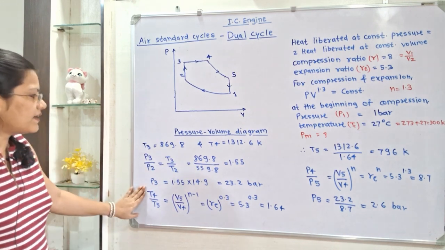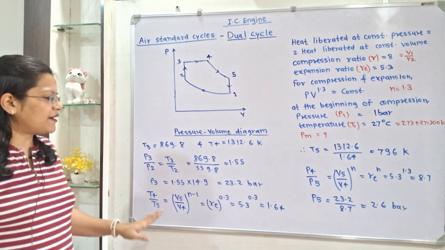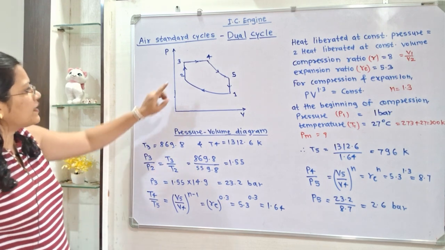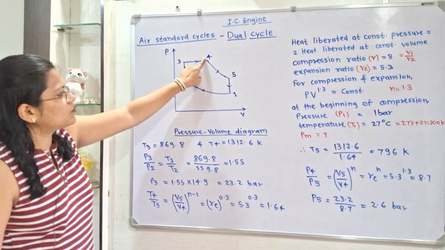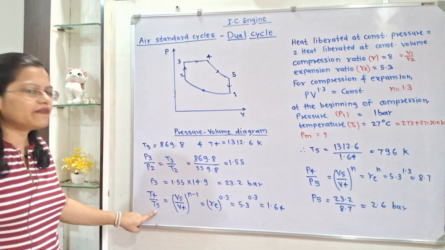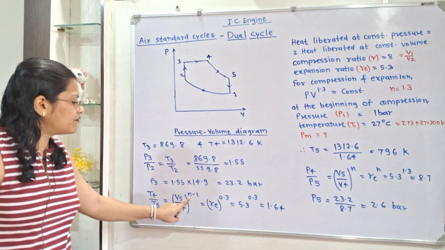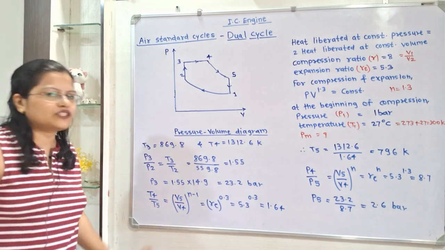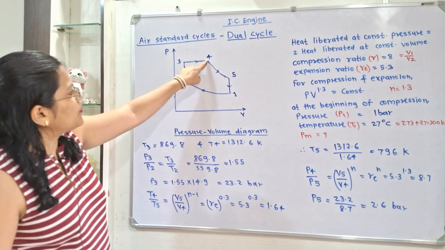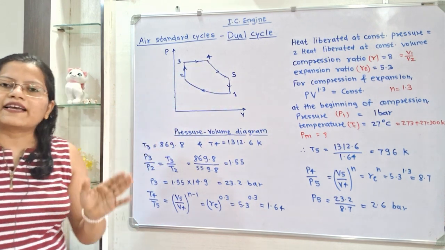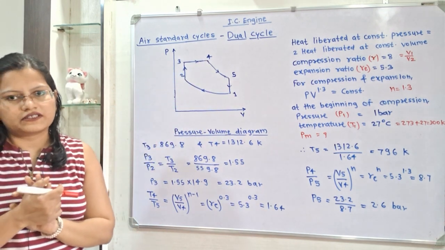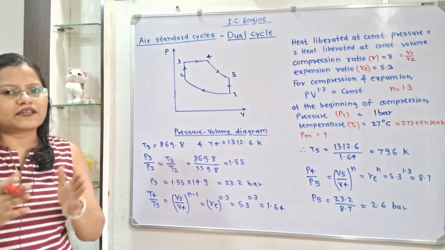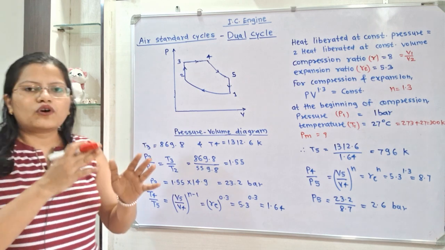Now we will find out the temperature at point 5. So again we will move to the process 4 to 5. T4 by T5 is equal to V5 by V4 raised to n minus 1. This is the relation between temperature and volume. If we observe, process 4 to 5 is the isentropic expansion process. And how to find out the expansion ratio? That is the ratio of volume.